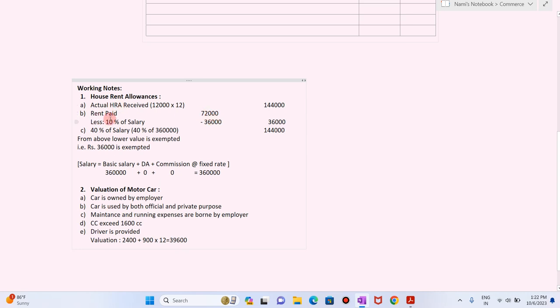Now from this rent paid, we have to less 10% of salary. Okay, so now how to find the salary? See here, for salary calculation, take basic salary plus DA, that is dearness allowances, plus commission at fixed rate. Okay, so basic salary, how much we got? 3,60,000.